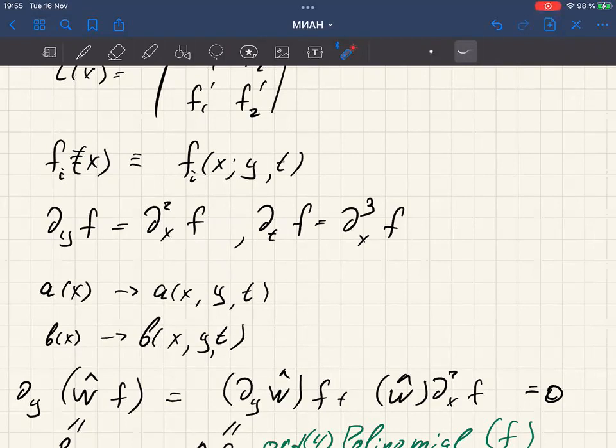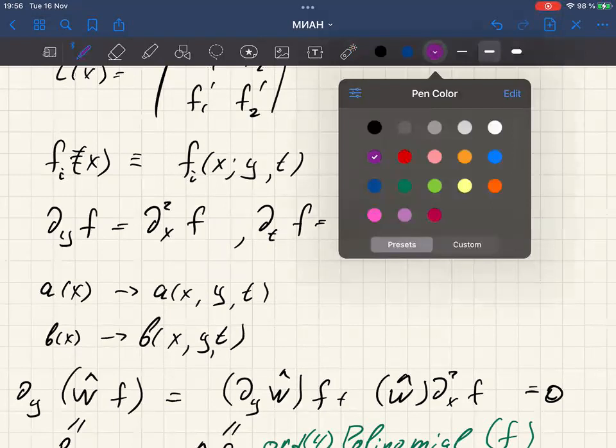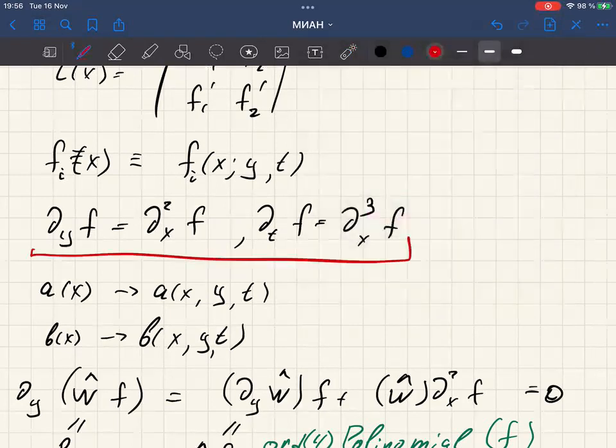Okay, now I see. Because otherwise it would be strange, because you just say that A and B depend on two additional parameters, and suddenly you obtain some additional equations for them. Yes, this is important, that you require it. But it's not a very hard equation.